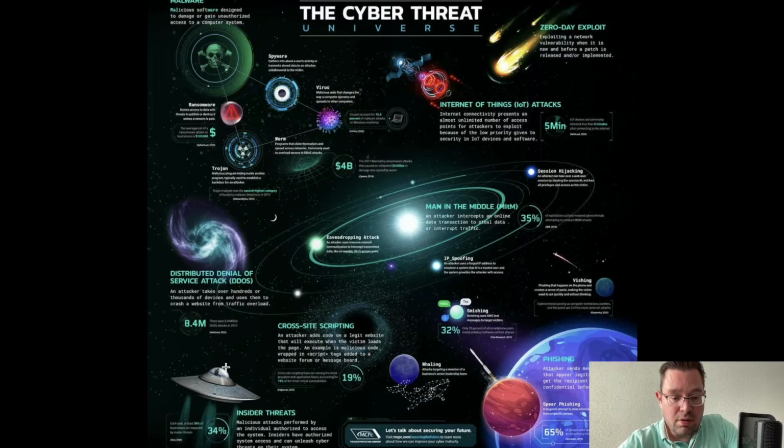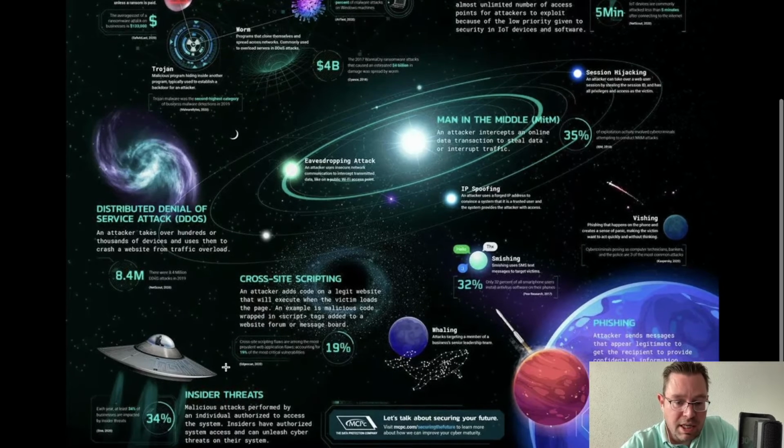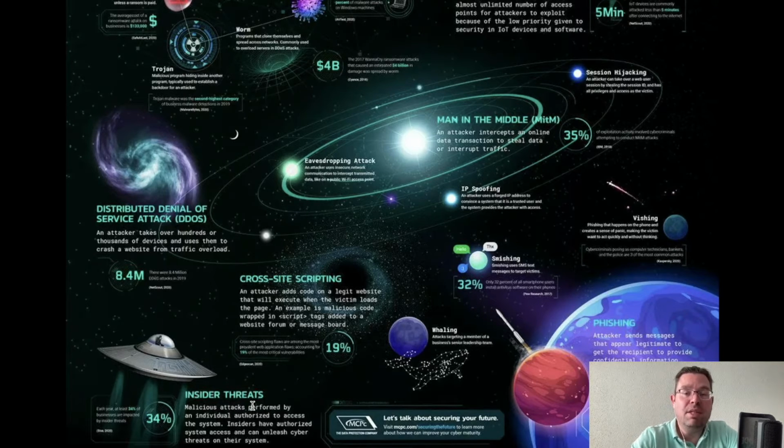Okay, continue. Insider threat: a malicious attack performed by an individual authorized to access the system. Insiders have authorized system access and can unleash their cyber threats on their system. So insider means you do have the credentials based on your function, basically.